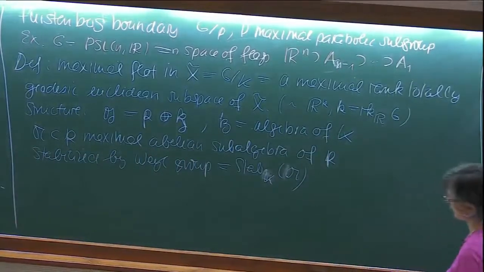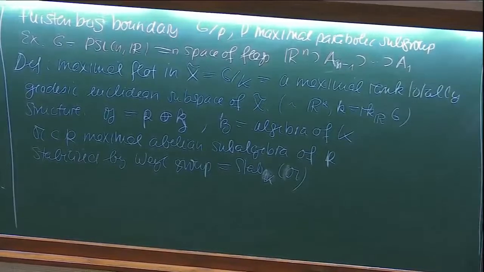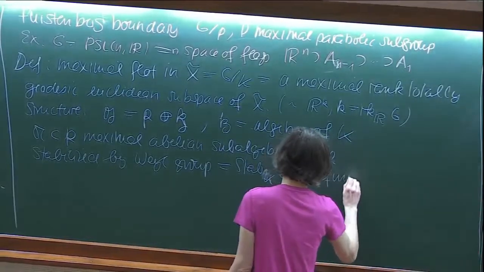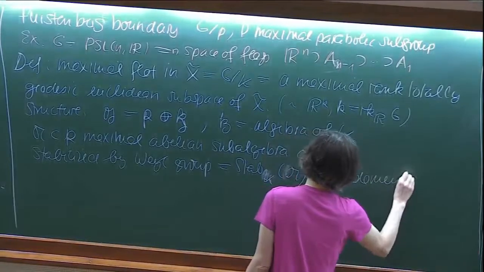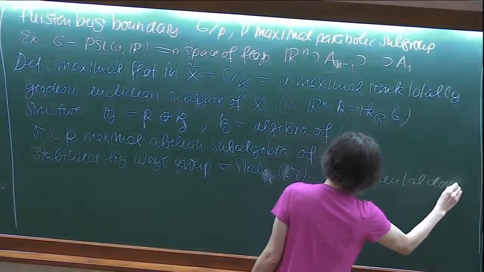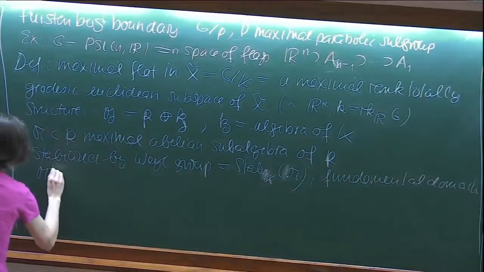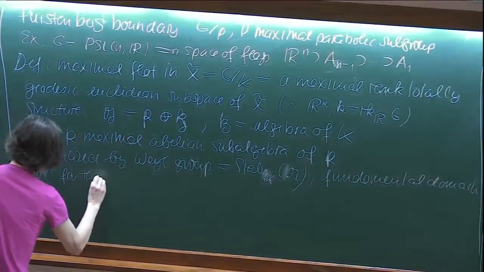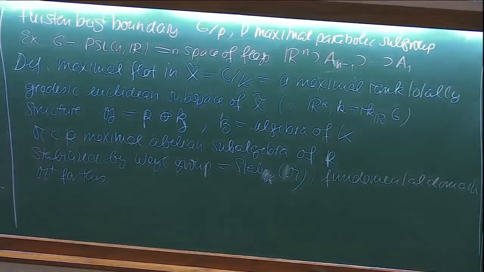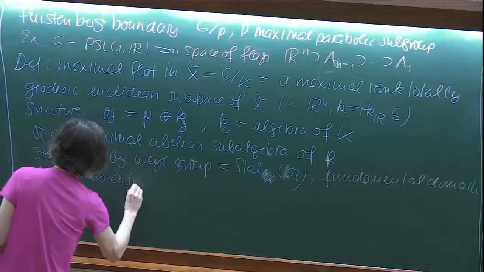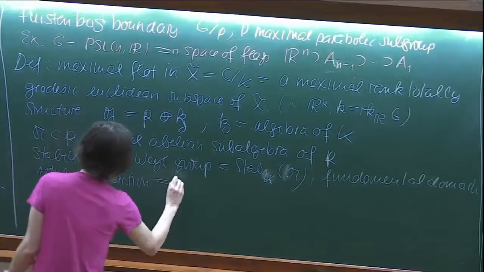So view it as a linear subspace of the Lie algebra. And now a fundamental domain a plus for this action. This is a little bit simplified description, which is suitable for our use. For this action it is a Weyl chamber.